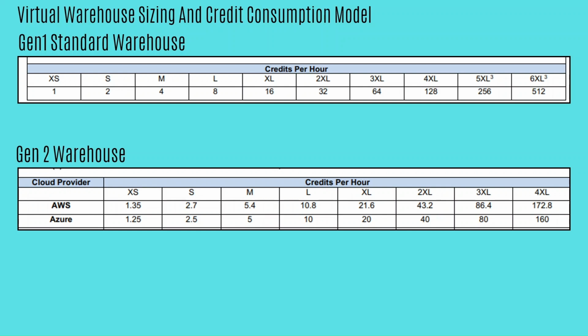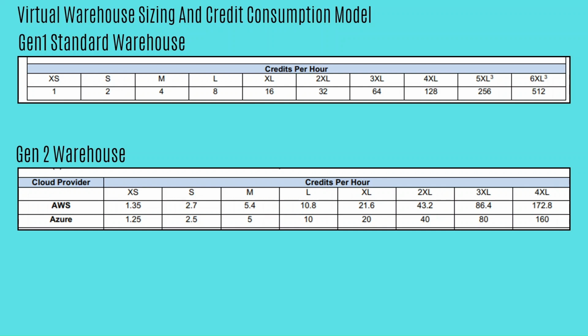In Azure, it's 1.25. I have not included GCP; for GCP also, it's different. So the first difference between the Gen 1 and Gen 2 standard warehouse is that your pricing is different. Across AWS, Azure, or GCP, the credit consumption per hour is not linear and will vary, whereas in the Gen 1 standard warehouse, that was linear.